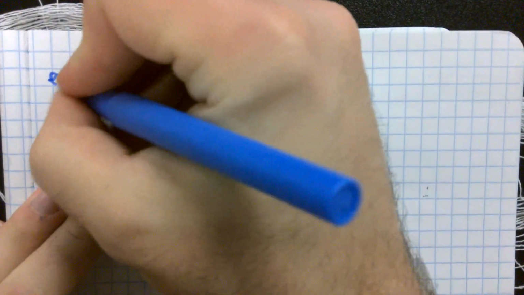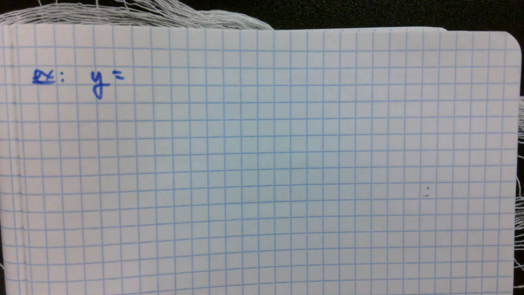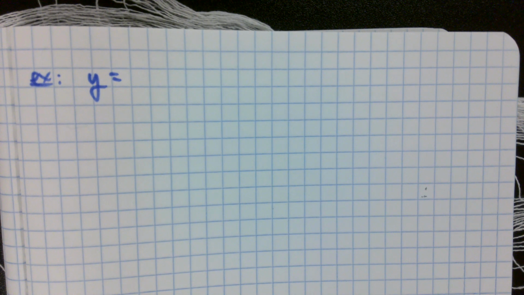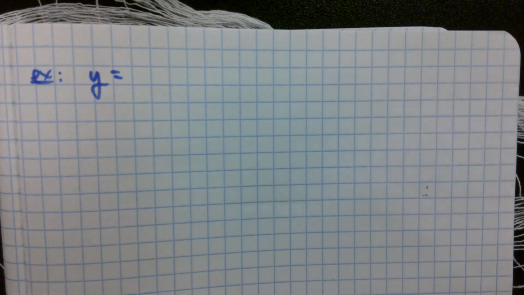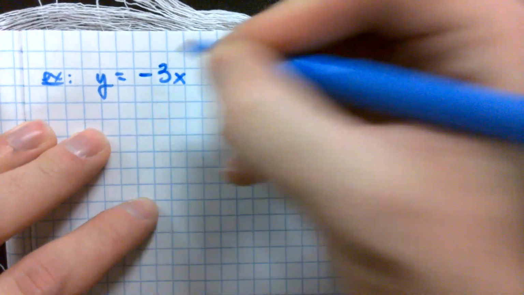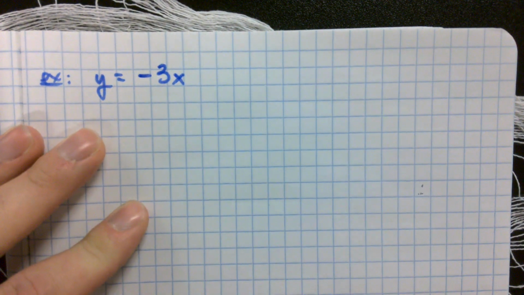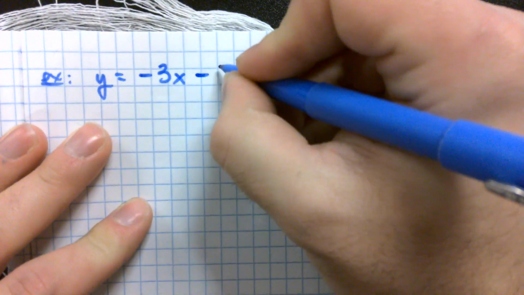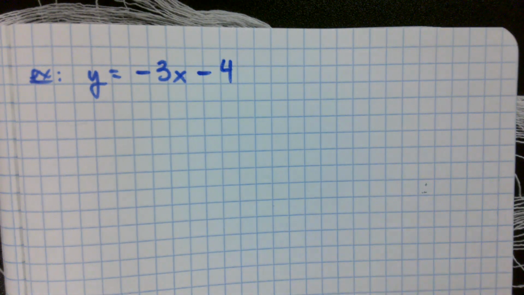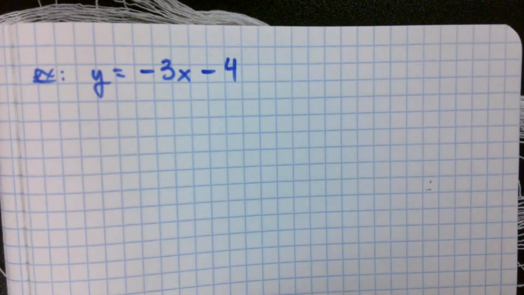Let's do y is equal to negative 3x minus 4. Y is equal to negative 3x minus 4.